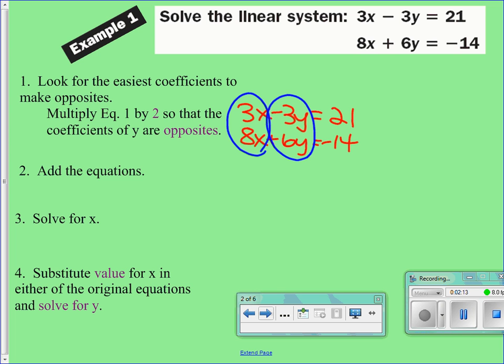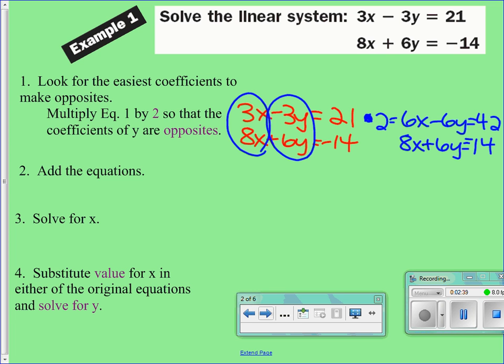Well, I have 8 and 3 here, and that's not going to be as easy to match as the negative 3y and 6y, because if I take this whole equation times 2, then that's going to give me 6x minus 6y equals 42. And if I compare that to my second equation, negative 14, sorry.